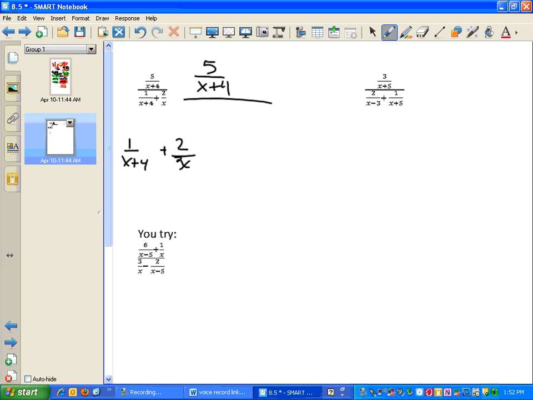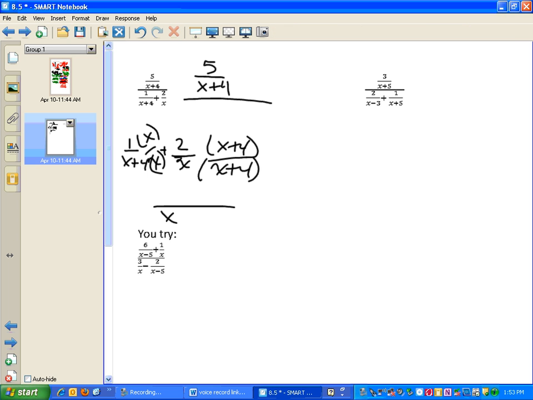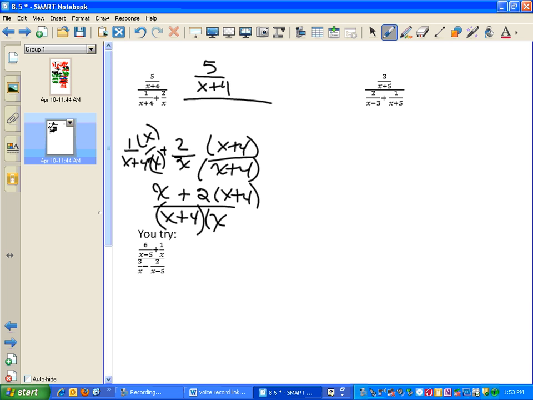So if you multiply that side by x plus 4, that's okay. Exactly. So my common denominator is x plus 4 times x. This numerator becomes x. This one becomes 2 times x plus 4. Agreed?